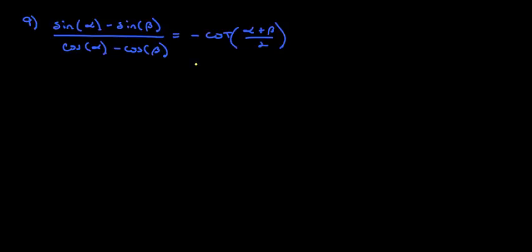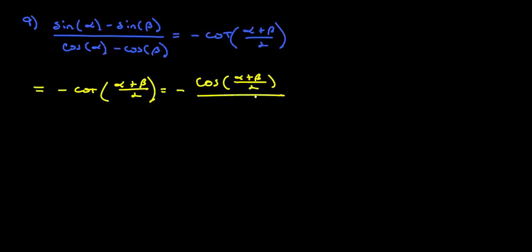I'm going to say the following. Negative cotangent of alpha plus beta over 2 is equal to negative cosine of alpha plus beta over 2 over the sine of alpha plus beta over 2.